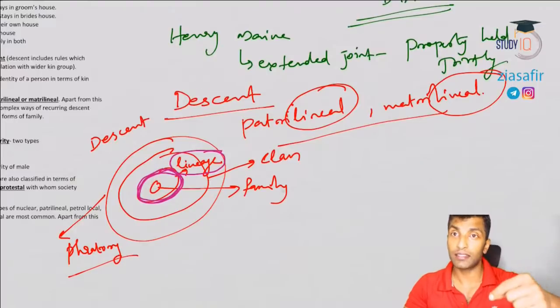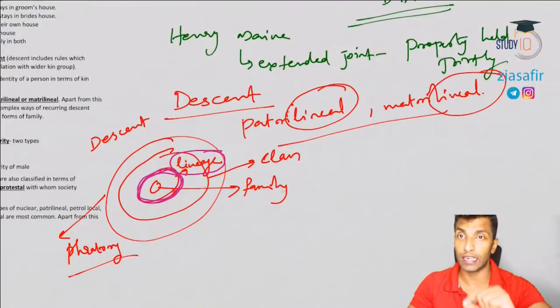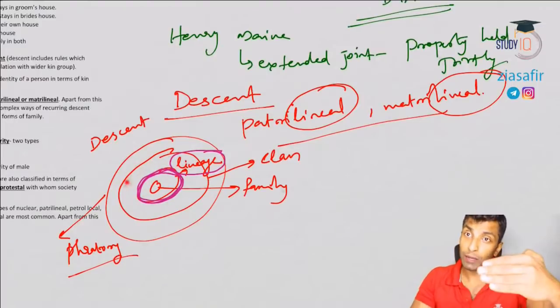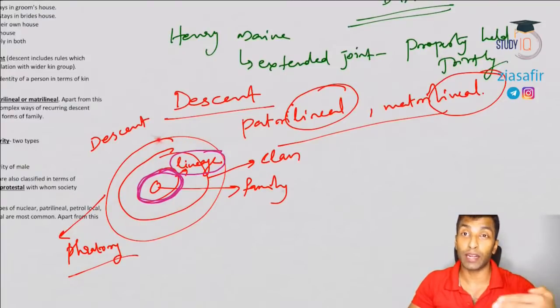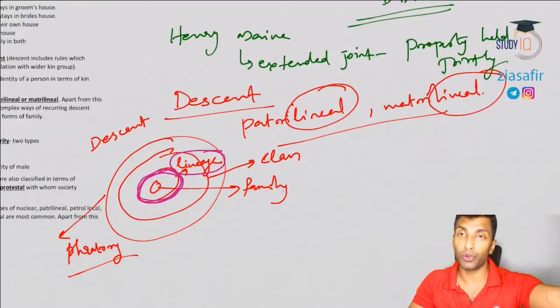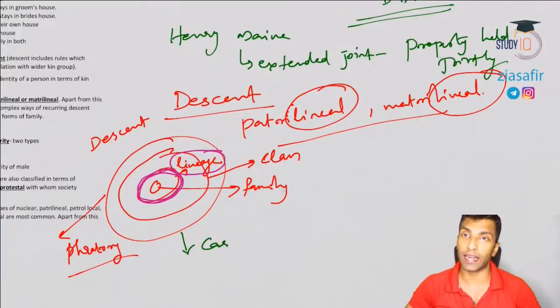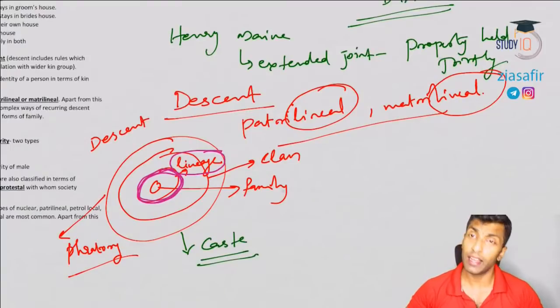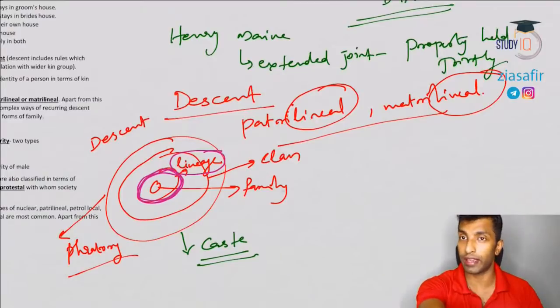If you take ancestorship within the family, your father, that is family, the first descent group. Second, three or four or five generations, that is lineage. Beyond that is clan, and beyond that is phratry. If you go further, it is the caste identity that is created. So if you extend kinship, it will go to caste. Caste is actually an extended kinship system only.